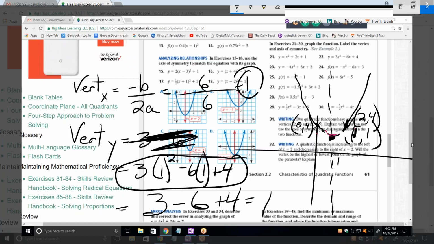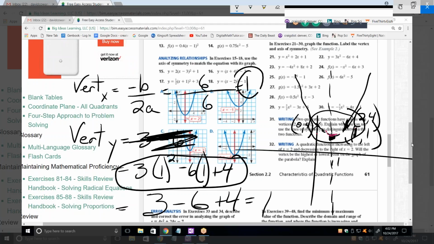In other words, this first point was 1 unit away from the line of symmetry. You want to go 1 unit on the other side of it, which is 2, same y value.